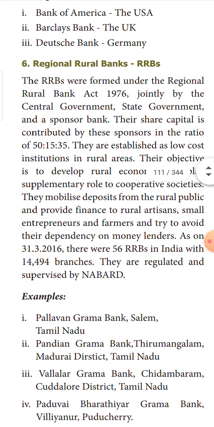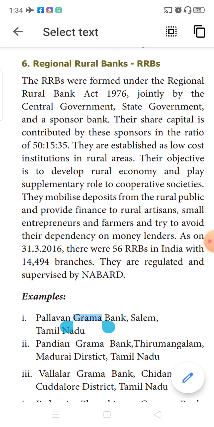Next type of bank is Regional Rural Bank, RRBs. These Regional Rural Banks are established under the Regional Rural Bank Act, which was enforced in the year 1976. The rural banks are mainly run by three heads: the central bank, state bank, and one sponsor bank.